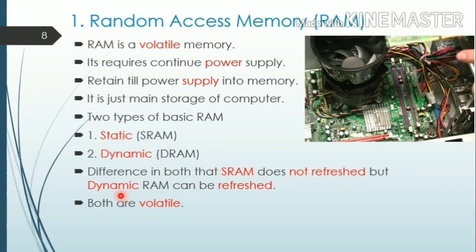But dynamic RAM can be refreshed, in the sense that it changes in MBs, GBs, and KBs. So generally both are volatile, and you can watch it on the screen here. RAM is fixed inside the motherboard in the CPU box, so you can see it.